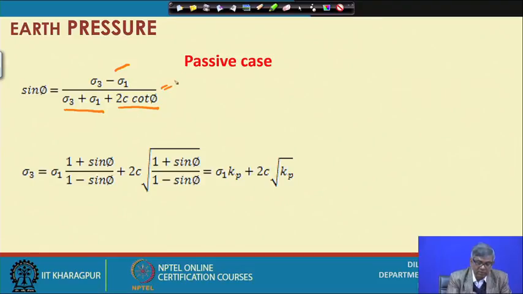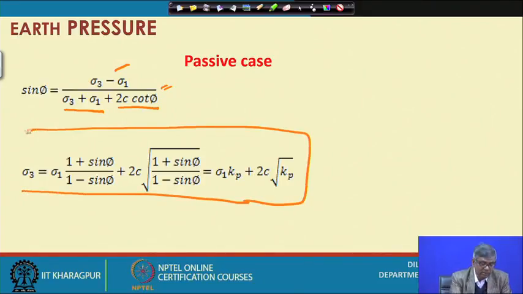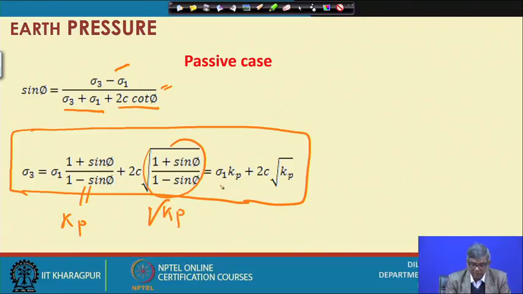Now if I express sigma 3 in terms of sigma 1, I get this expression, that means sigma 3 equals sigma 1 times (1 plus sin phi) by (1 minus sin phi) plus 2c under root of (1 plus sin phi) by (1 minus sin phi). This is nothing but Kp, and this is nothing but root Kp. So, I can write sigma 1 Kp plus 2c root Kp.